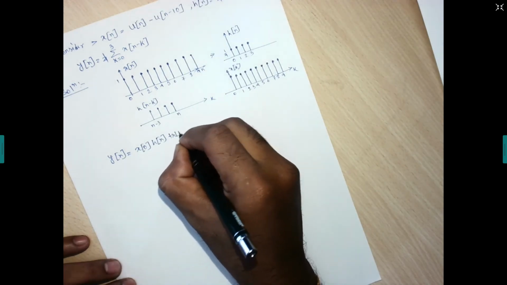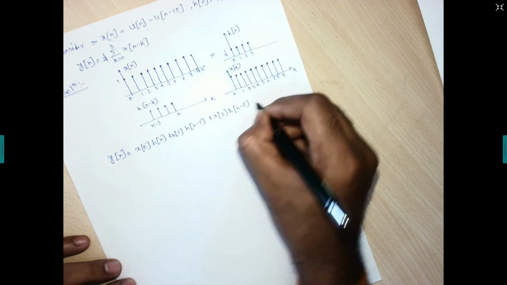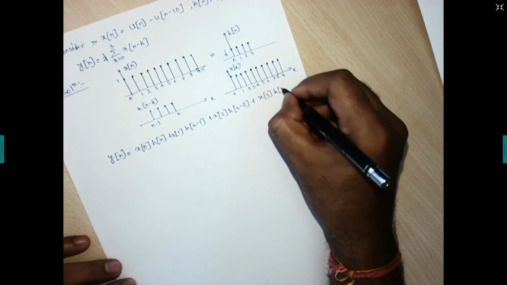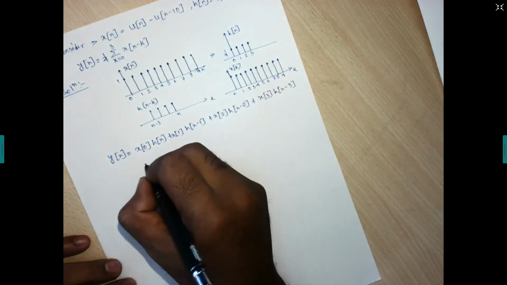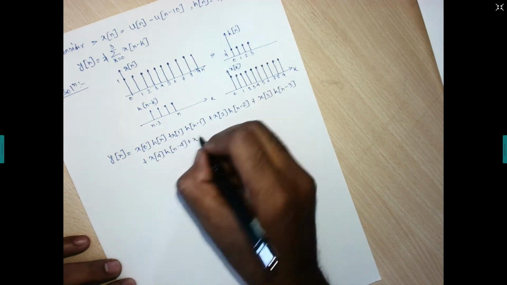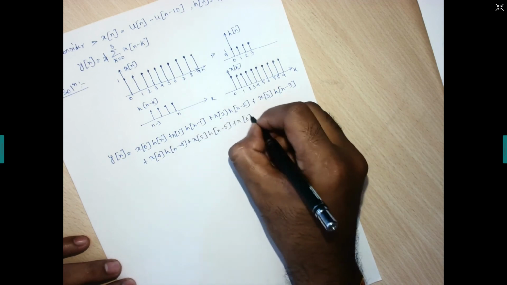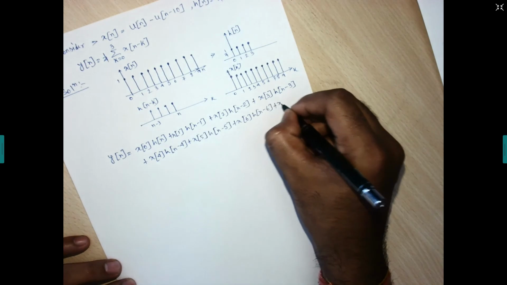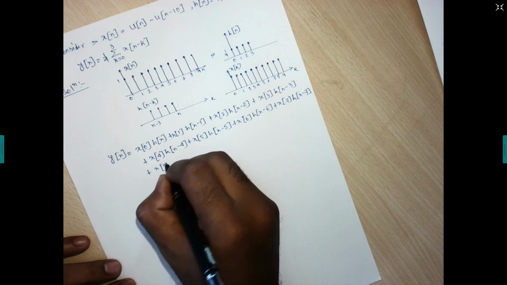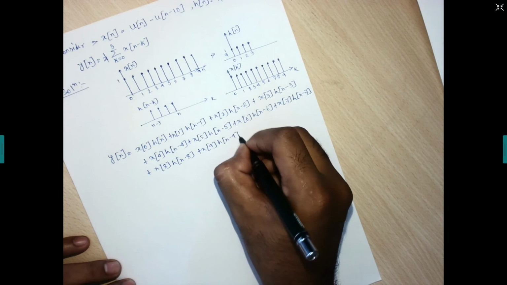So this is our x of 1, h of n minus 1, x of 2, h of n minus 2, x of 3, h of n minus 3, then x of 4, h of n minus 4, x of 5, h of n minus 5, x of 6, h of n minus 6, x of 7, h of n minus 7, x of 8, h of n minus 8, x of 9, h of n minus 9, right?